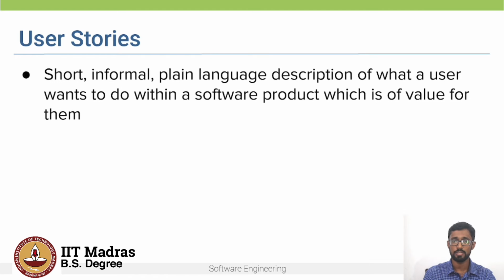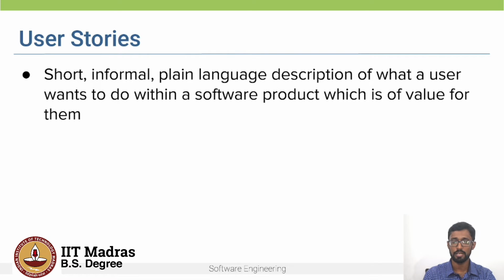User stories are short, informal, plain language descriptions of what a user wants to do within a software product, which is beneficial and of value for them. User stories come from the human-computer interaction community, or the HCI community.